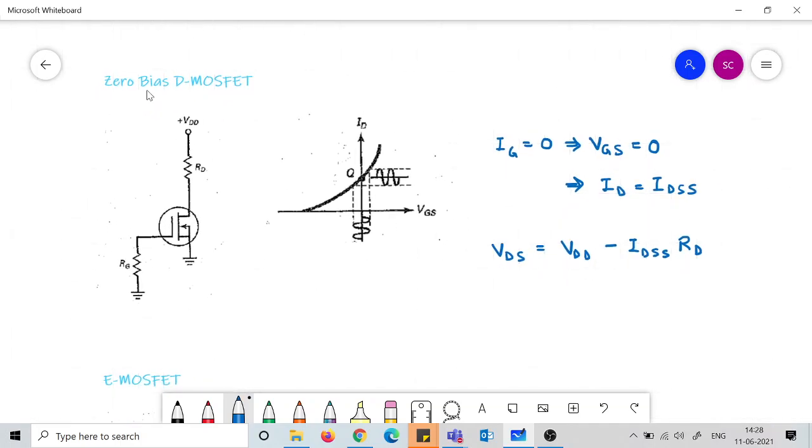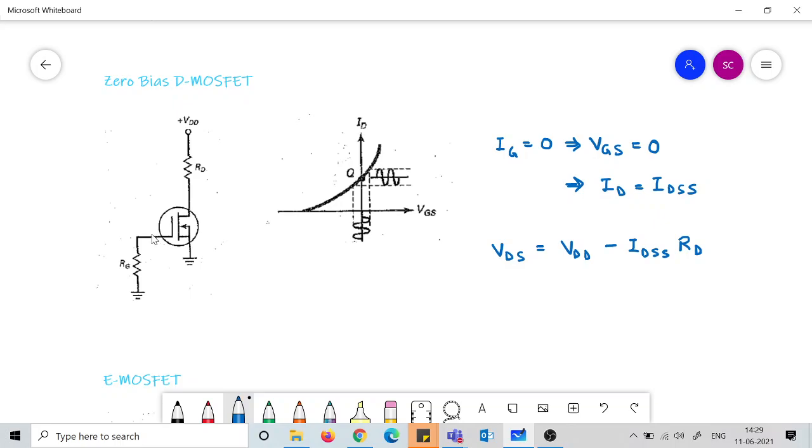So there is a zero bias concept for depletion type MOSFETs. Zero bias means I am setting the bias at 0 but am still able to employ this as an amplifier. So you can see how this is getting done. Since we have connected the source to ground, VGS is 0, because VG will anyway be 0.